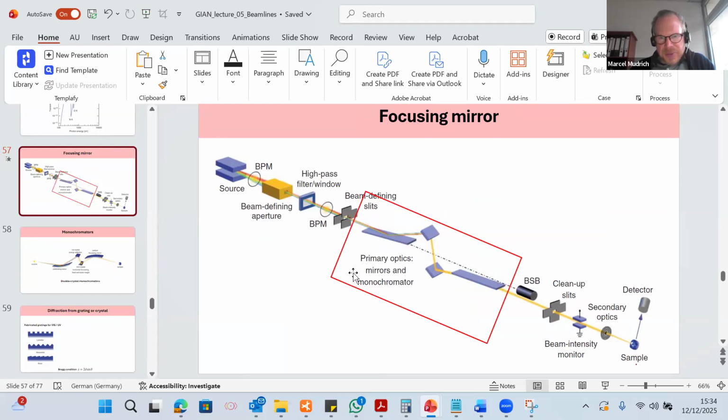Like, how do we monochromatize X-ray radiation even more? That will be a short part of the next presentation. And then I will also give a few examples of what exciting science you can actually do once we arrive with our X-ray beam at the sample. And then starting on Wednesday next week, we will actually look into free electron lasers. So that's the plan for now.